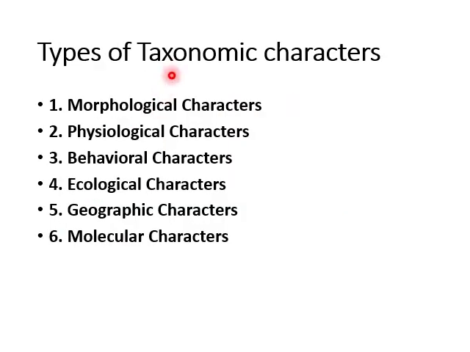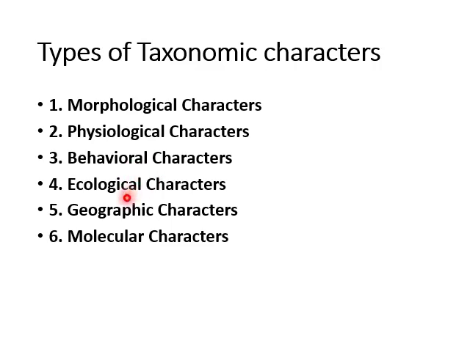Students, there are about 6 different types of taxonomic characters. We will discuss each type one by one. Number 1 is morphological characters. The second type is physiological characters, and the third is behavioral characters.